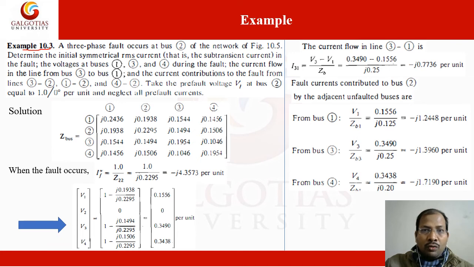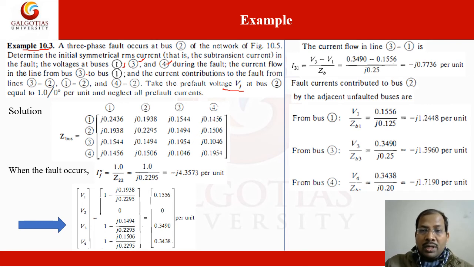We have to calculate the fault current and the voltages at buses 1, 3 and 4, and the current flow in the line from bus 3 to bus 1, and the current contribution to the fault from buses 3 to 2, 1 to 2 and 4 to 2. You have to consider the pre-fault voltage at each bus as 1 per unit.